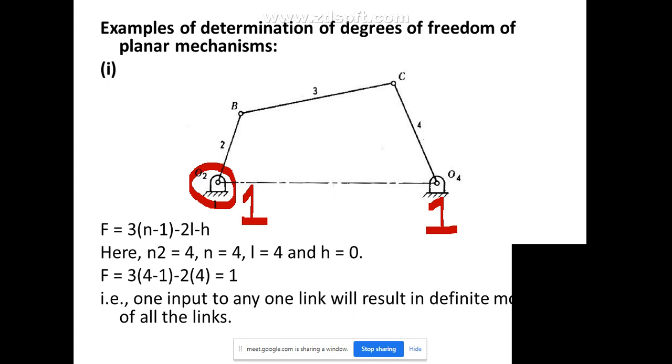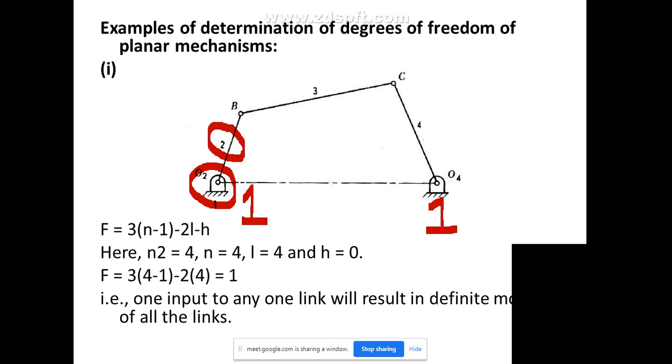This is the O2 joint. We have O2 to B, then B to C, then C to O4. O2 and O4 are the points where it is completely fixed at the joint. Next, we go to the next link. O2B is the second link, so we consider it as link number 2.